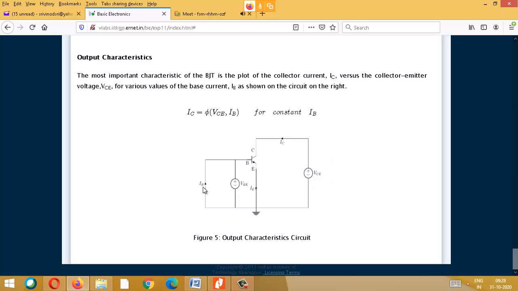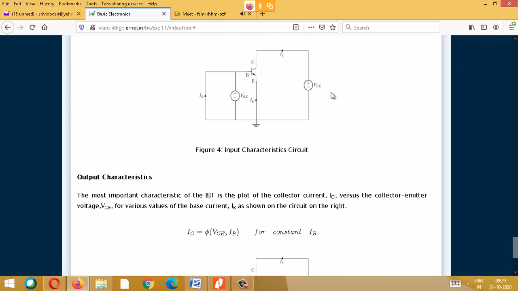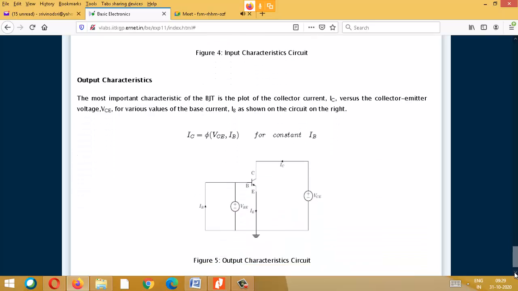So you keep IB at a particular value and you are not supposed to change it. When you talk about output characteristics, keep IB at a particular value, whereas for input characteristics, I said keep the voltage at a particular value. There I am talking only with respect to voltage; now I am talking only with respect to current.